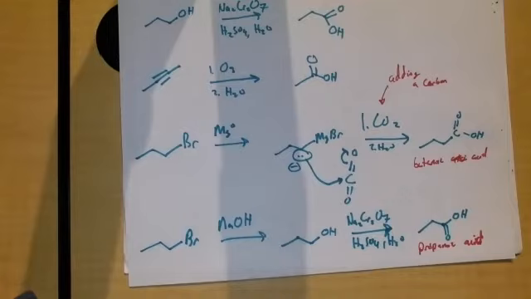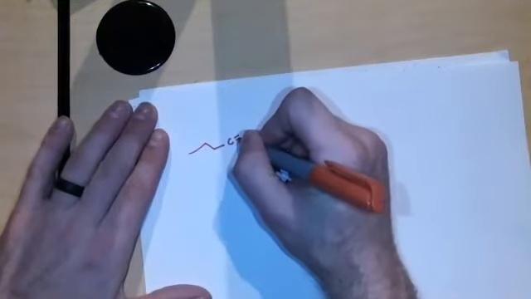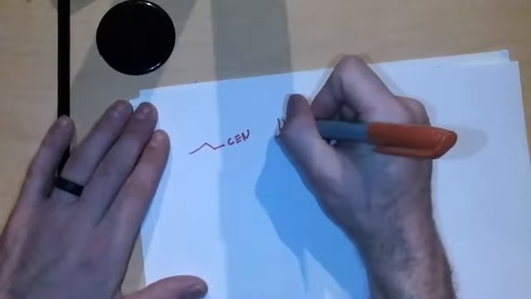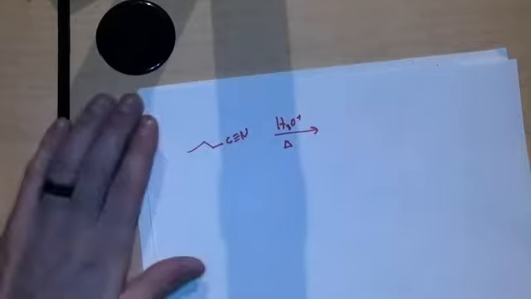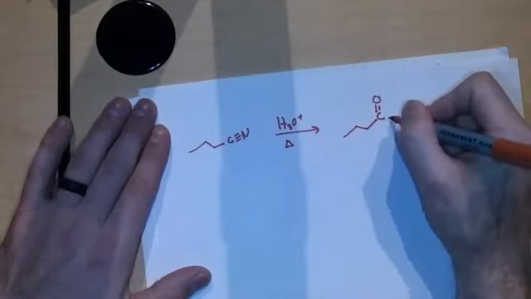All right, I'm going to mention one reaction that does something similar to the CO2 pathway. If I take a nitrile and throw in water, acid, and heat, so H3O+, you can do an exchange of oxygen for this nitrogen and make a carboxylic acid.